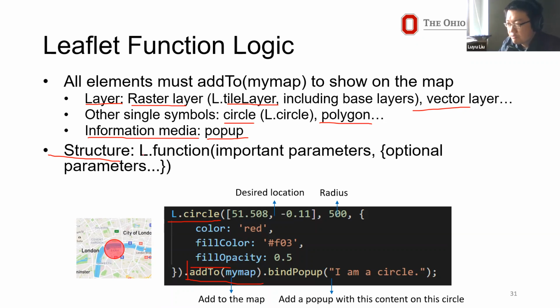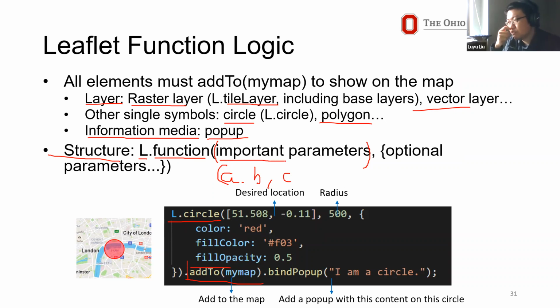First, they usually start with L, that's obvious, followed by the function name, and within the function they usually have several parameters, right? First, 1 or 2 or 3, depending on how many necessary parameters you need, are the so-called important parameters. So it could be A, B, C. These functions can have a lot of parameters as long as they are important parameters.